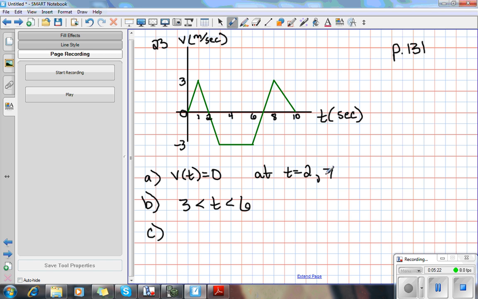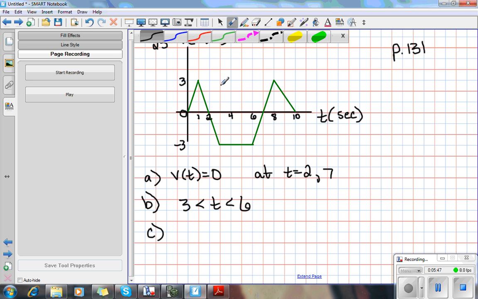So think about the relationship between the velocity and the speed. Remember that the speed is the absolute value of velocity. So I'm just going to switch colors, and I think I'm going to do it in black because I think I'm safe with that. Since this one was in green, the only difference is going to be the part that's negative is going to get flipped over.